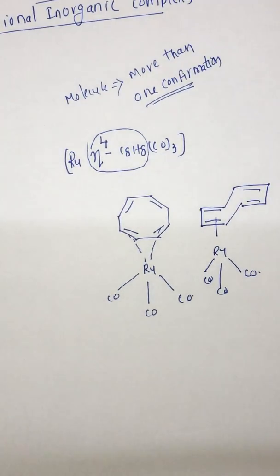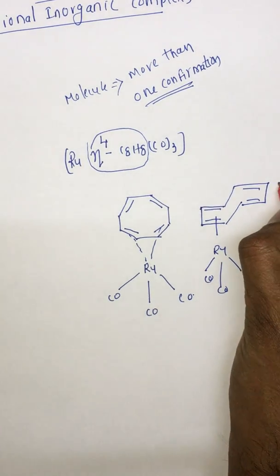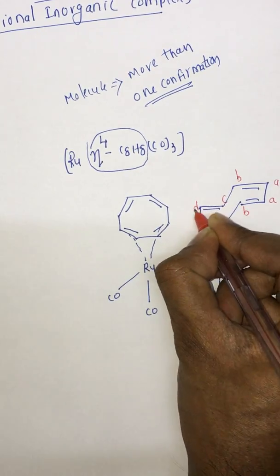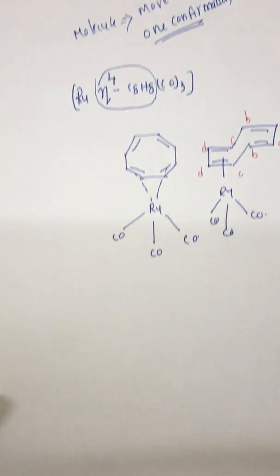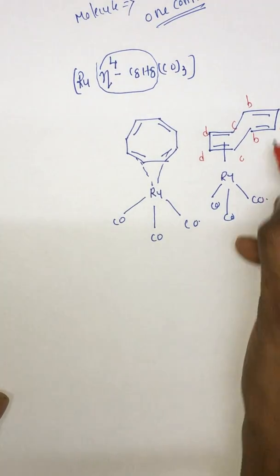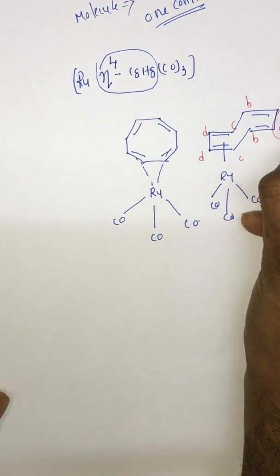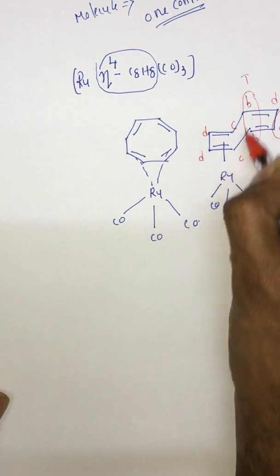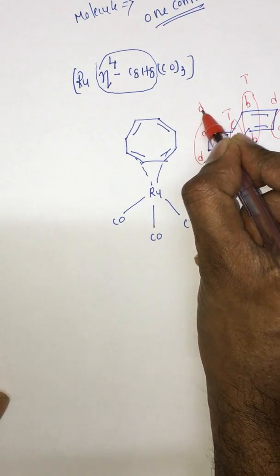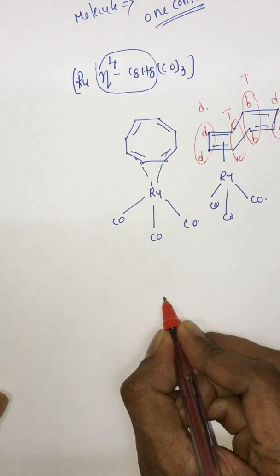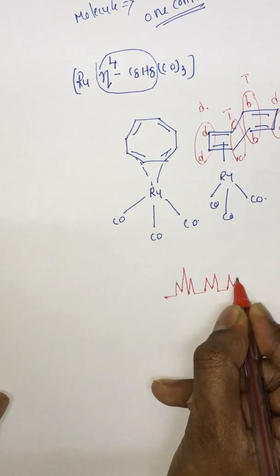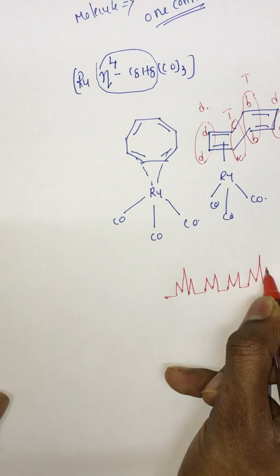Now we can see these two belong to one set, B, C, D. So here we have to get 4 signals. For this proton we'll get a doublet, here a triplet, this is also a triplet, and this is a doublet. So we're supposed to get a 3-line signal, a 2-line signal, another 2-line signal, and a 3-line signal.